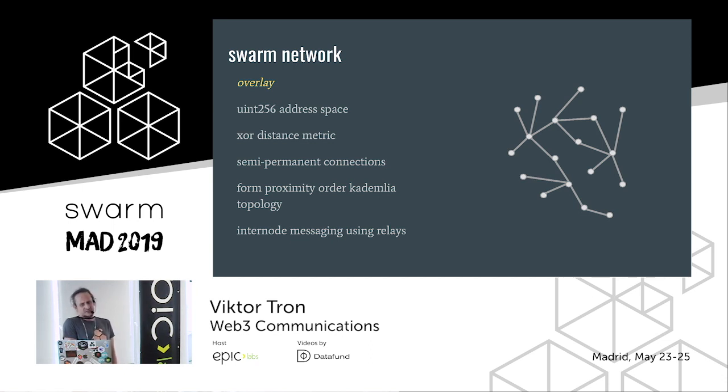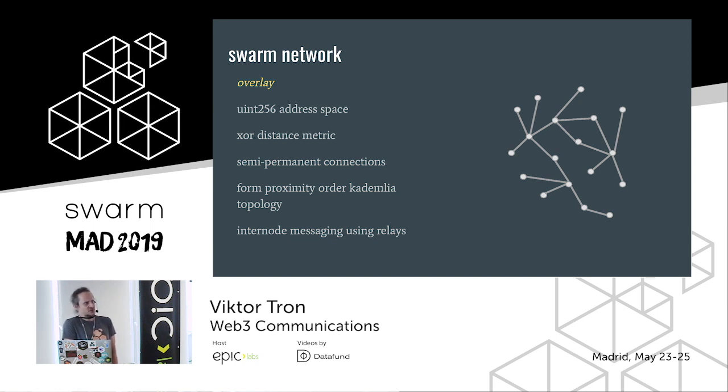What is an overlay network? It is when nodes generate some key which defines their address in the overlay namespace. So this is basically the 32-byte, or 256-bit integer address space, on which we can define an XOR distance metric, and with this distance metric you can form a Kademlia topology.